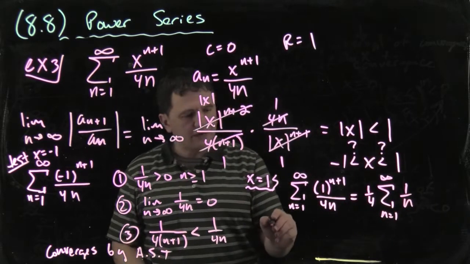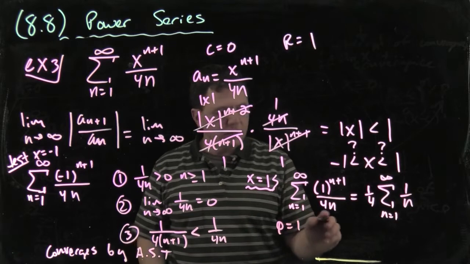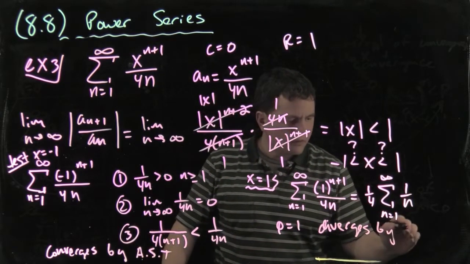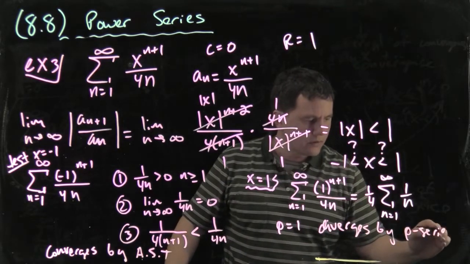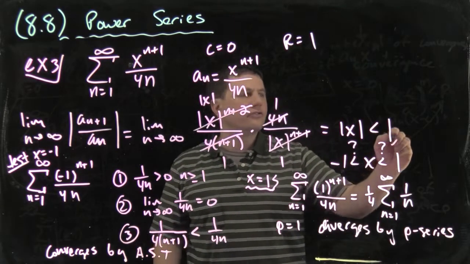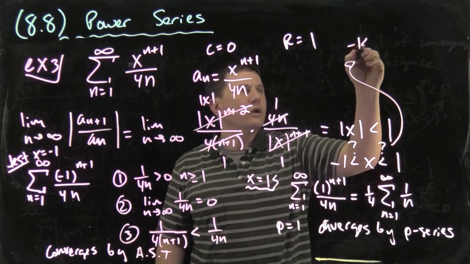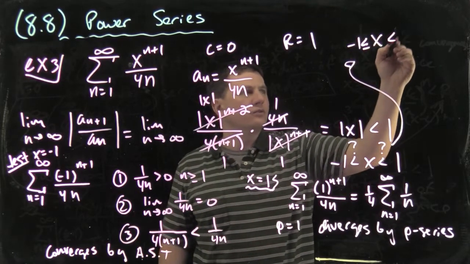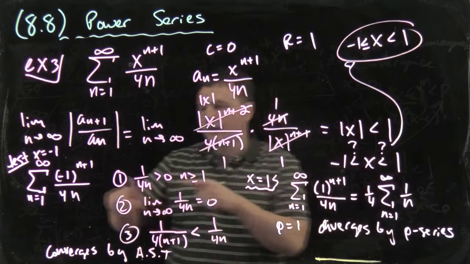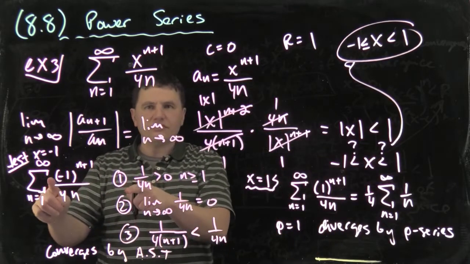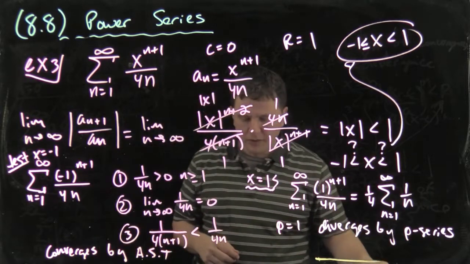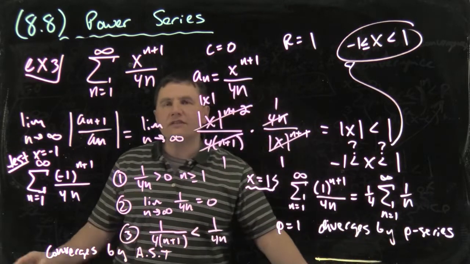So this thing's going to diverge. So p equals 1 diverges by p-series. So now my interval of convergence, -1 is less than x, less than or equal to x, which is less than 1. So it converges at x equals -1 because that gives us an alternator, but diverges at x equals 1 because it diverges by p-series. Okay, so that's interval of convergence.